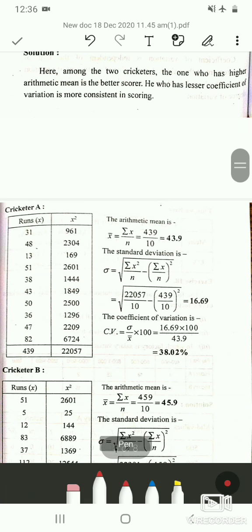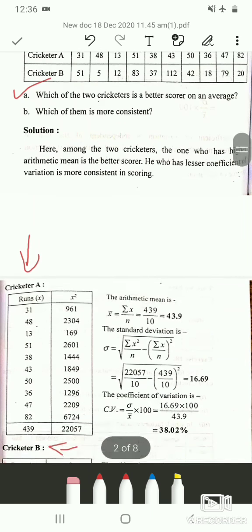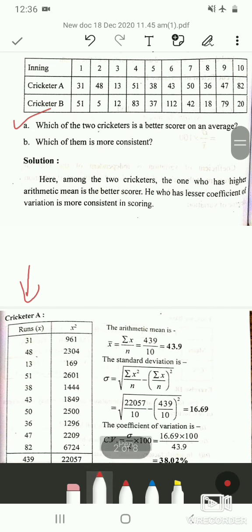So what all we have to calculate is, in the formula of coefficient of variation, we have to calculate the value of standard deviation and also arithmetic mean, and for the first question we have to calculate arithmetic mean. So let us calculate it separately for cricketer A and cricketer B. So for cricketer A, in the question we have the runs given.